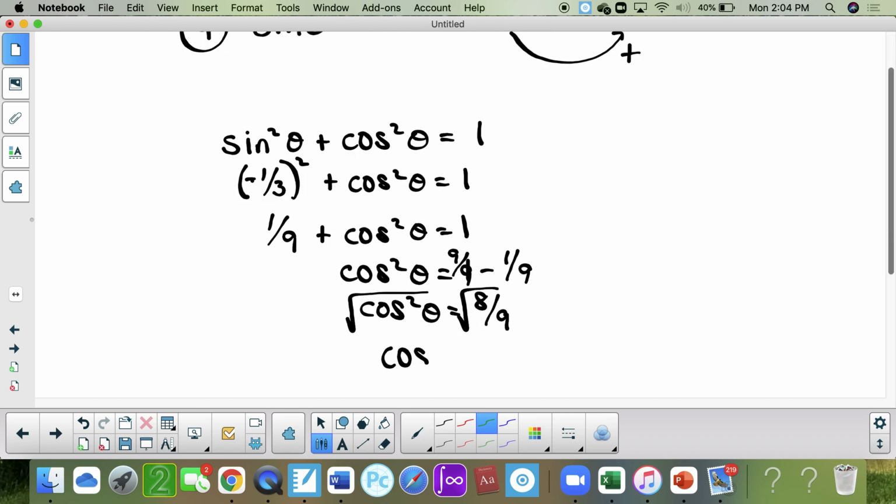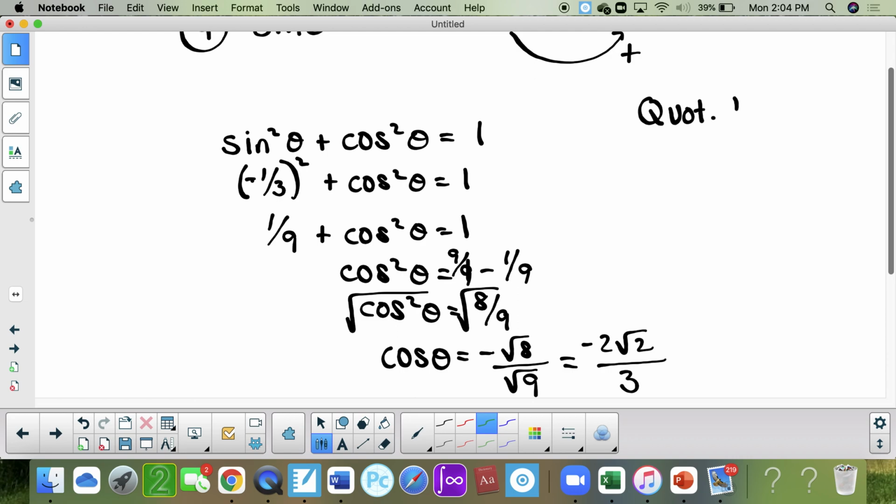And cosine in the third quadrant is going to be a negative, and it's root 8 over root 9. Break it up into two separate radicals. This is a negative 2 root 2, which is the simplified form of square root 8, and that's going to be 3.